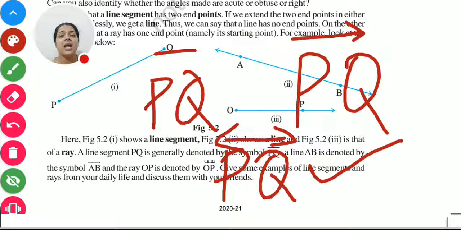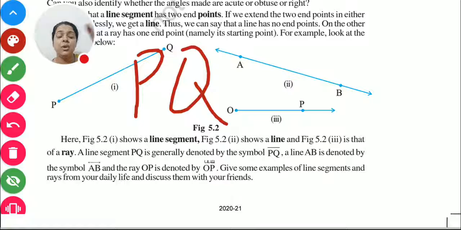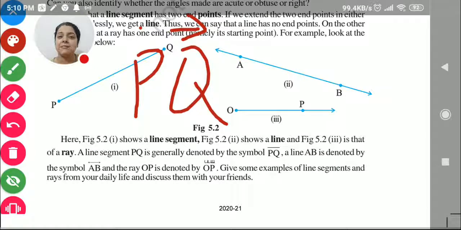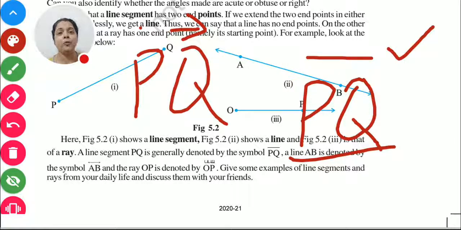So remember, whenever you are drawing a line, this is very important. It's not enough to just mention PQ. It's very important to mention exactly what it is. If it is PQ, a line segment, and you are drawing a line like this, it will be wrong. If it is a line and you are mentioning it like this, it will be completely wrong, because you are telling it's a line and here you are drawing the symbol of the line segment.